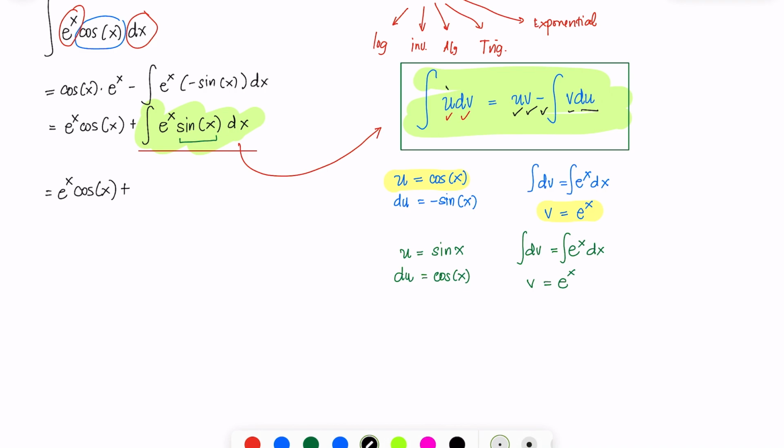Our u is sine of x, and the next is v. Sorry, I should have written it there. Our v is e to the x. And then we have minus the integral of v, our v is e to the x, and du, our du in this case is cosine of x.